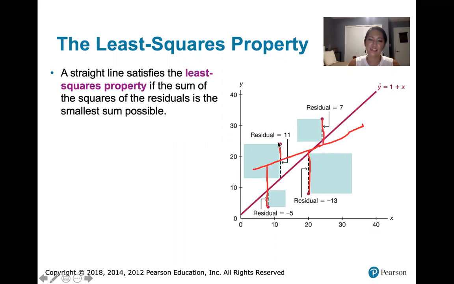If I were to take each of those residuals and square them, it's hard to draw, and then square this residual, and square this residual, and square this residual, and add them all together, the sum of those squares of the residuals would be larger than the sum of the squares of the residuals that we have right here, because this is the best fit line. This is the line that will make the sum of the squares of the residuals as small as possible. So that's what we mean when we say that this fits, or this is a best fit line.